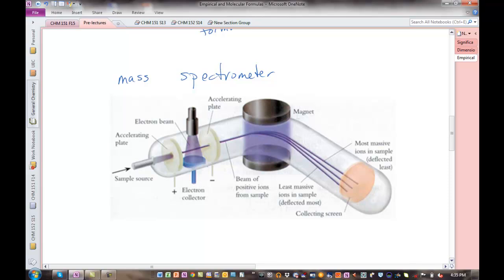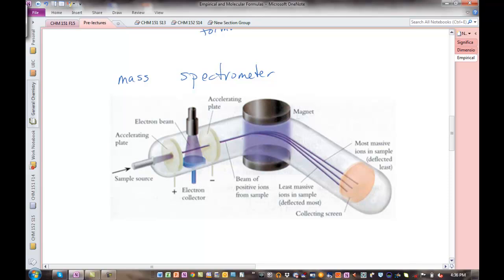But what that beam does is, at a minimum, it's going to knock an electron off your sample. But you can also fragment the sample and break it into smaller pieces. So maybe a methyl group comes off, that CH3 group that was on the ring. So you can fragment the molecule. And the amount of fragmentation really depends on how strong the ionizing source is.